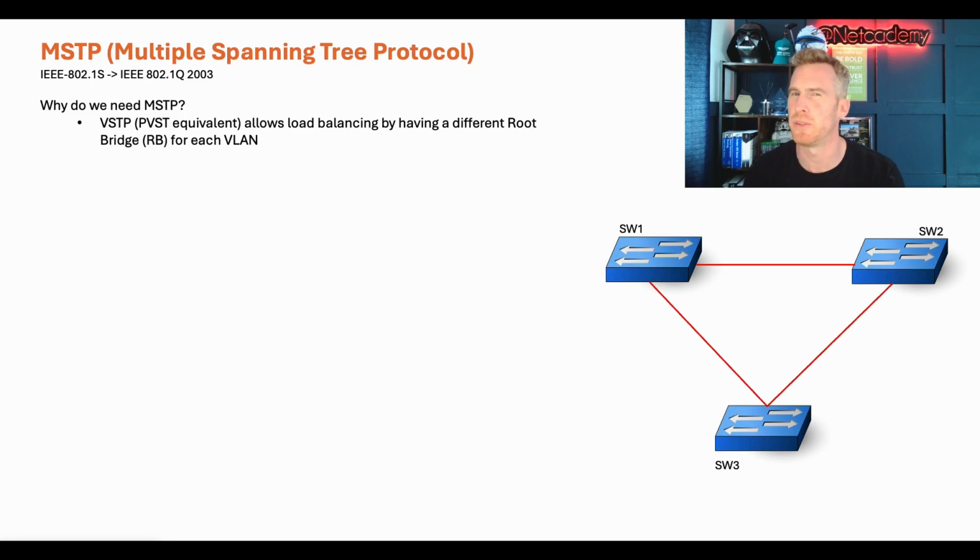And what this allows is a sense of load balancing. If you look at this very basic network, we've got switch 3, which is that access layer switch, and then we've got switch 1, switch 2 are those distribution layer switches. And with VSTP, with PVST, with PVST plus, what you can do, because you can have a different tree for every single VLAN, is you can essentially have a different root bridge for every different VLAN, or for a group of VLANs.